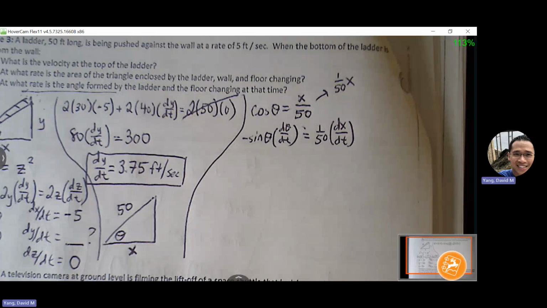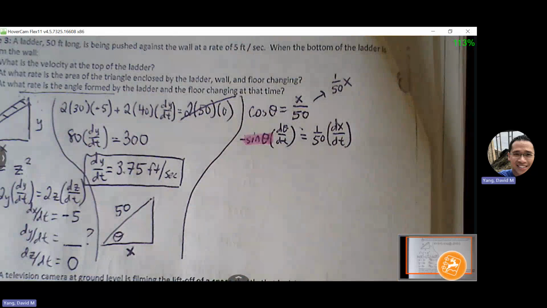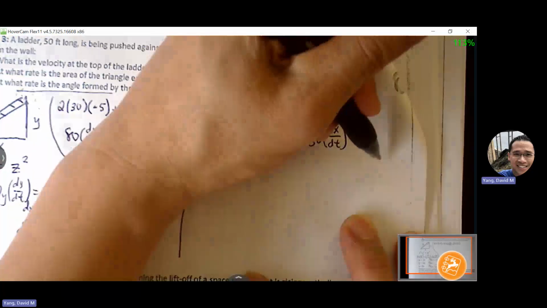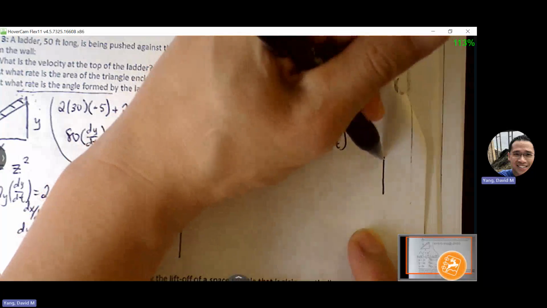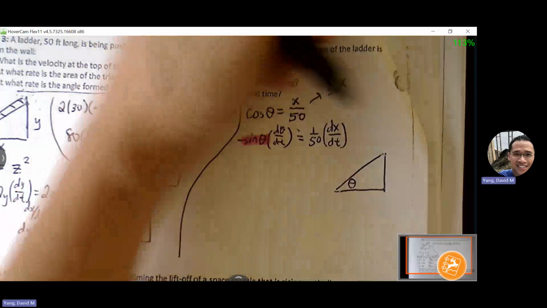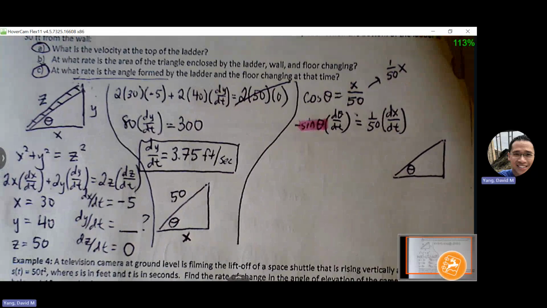Yeah, we want to find not just theta, we want to find sine of theta. Okay, sine of theta. So let's draw another triangle so that we can focus on the parts that are going to matter to us most. Let's fill out all of this triangle with numeric values for this moment in time.